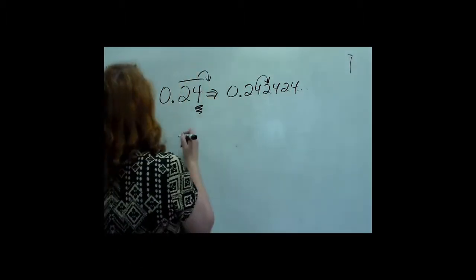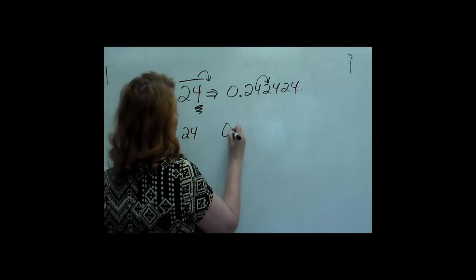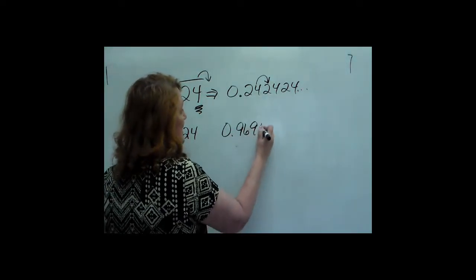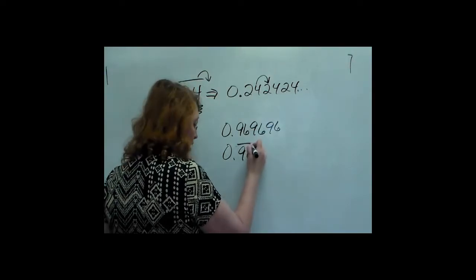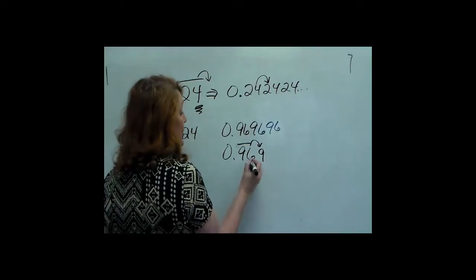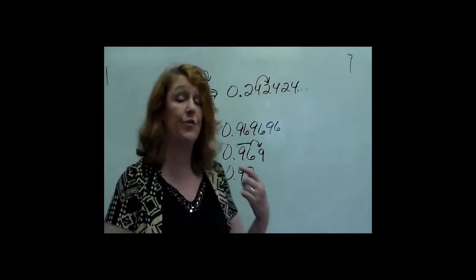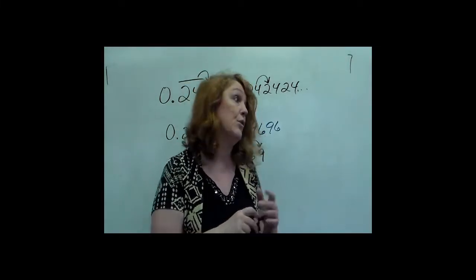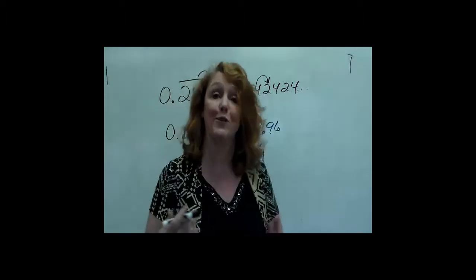So when you round it off, it ends up being 0.24. However, if you've got 0.969696, if you've got 0.96 bar, when you look next door, this number is a 9. So this is going to round to 0.97. So I need you familiar with the bar enough that you can write the number out so you can see what you're looking at, so you can round correctly, okay?